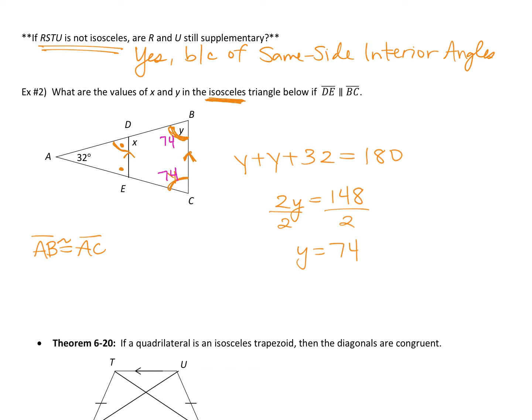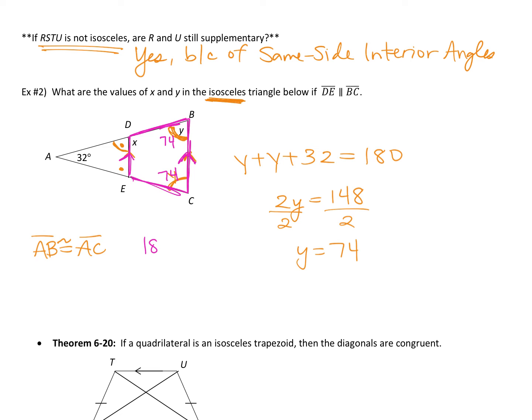How do you find X? Yeah, Callie. Yeah, it's supplementary to our angle Y, right? This made an isosceles trapezoid right here. And because these are parallel, those are same side interior angles that have to be supplementary then.